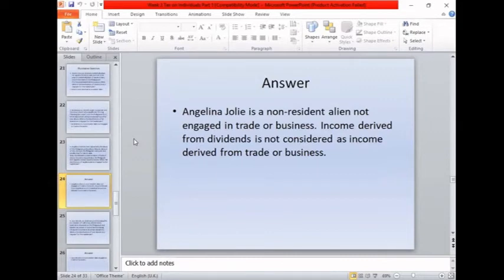Why? Because she is not conducting a business in the Philippines, but only investing in stocks. And the dividend income that she earned is a passive income and not a business income. So therefore, she is a non-resident alien not engaged in trade or business.